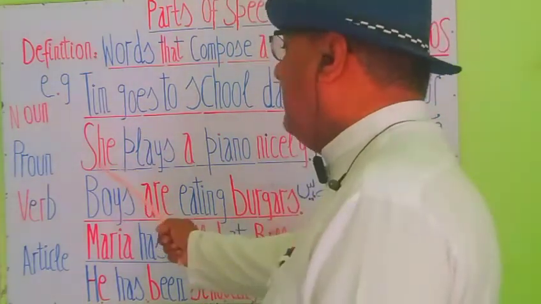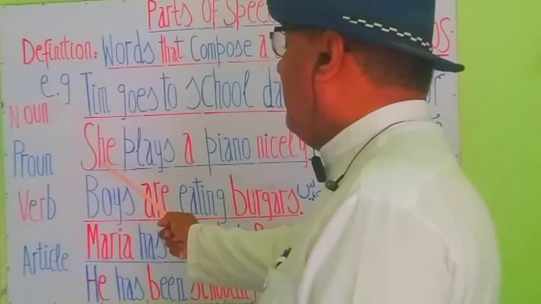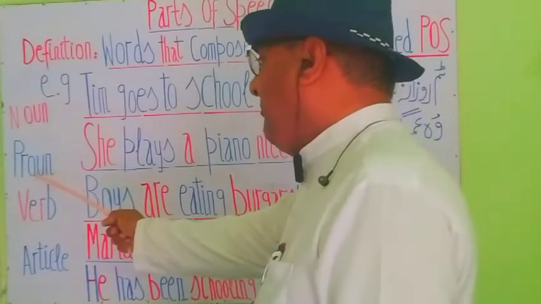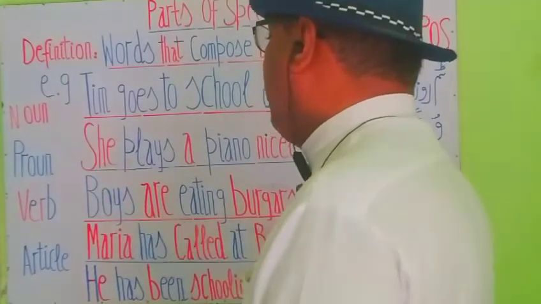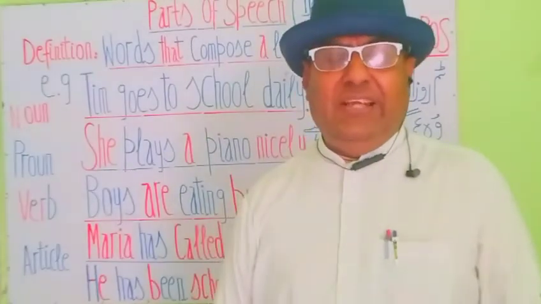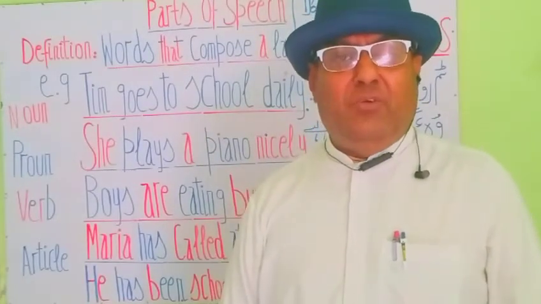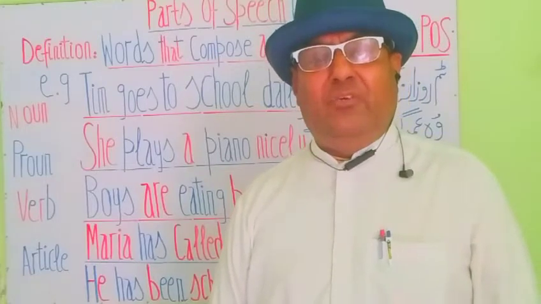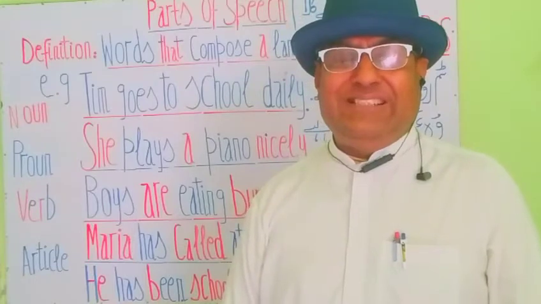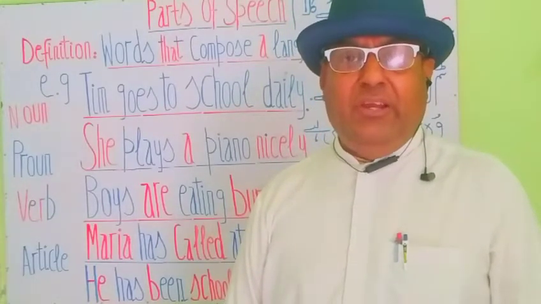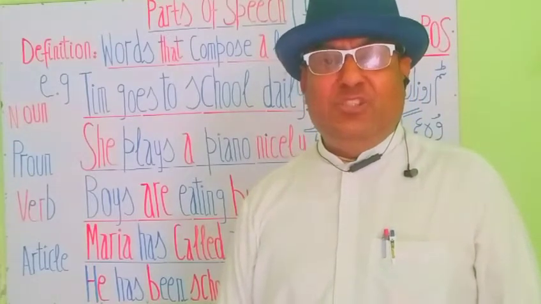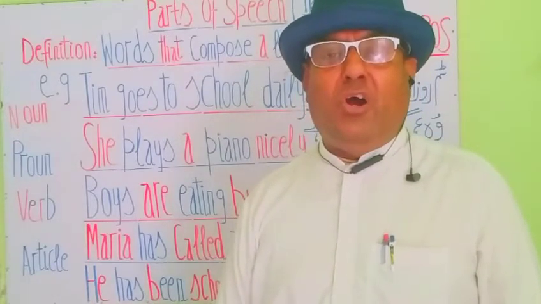Here you see the subject is she. She is a pronoun, and pronoun is the second part of speech. We have the definition of a pronoun: the words used in place of a noun are called pronouns.